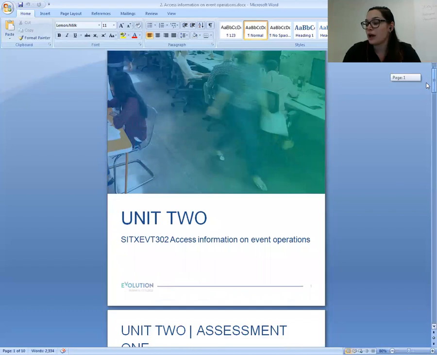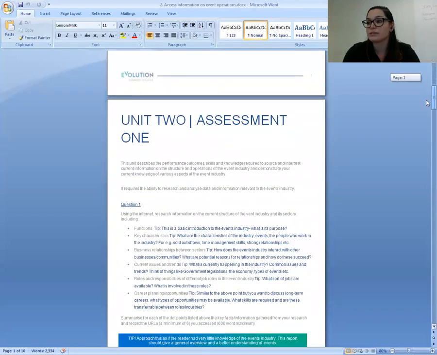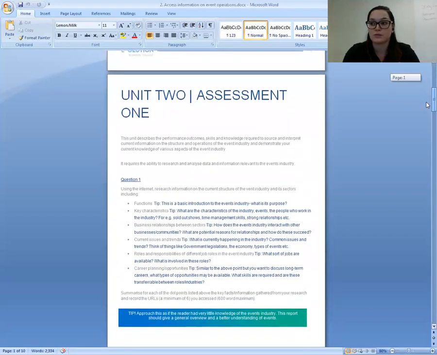So with the unit breakdown here, I've just given you some tips on what you're needing to discuss with this one. So this unit is going to describe your performance outcomes, your skills, and your knowledge required to source and interpret current information on the structure and operations of the event industry. Something that's really important with the event industry is being able to keep up to date with it. And you can do that on a whole bunch of resources.